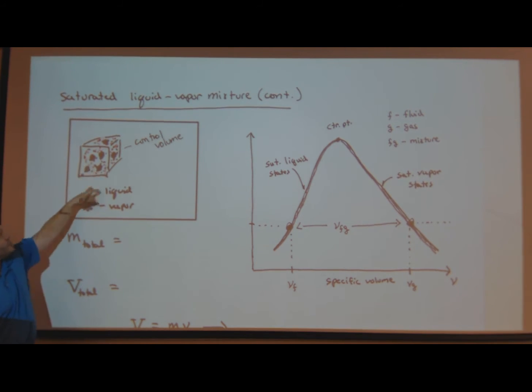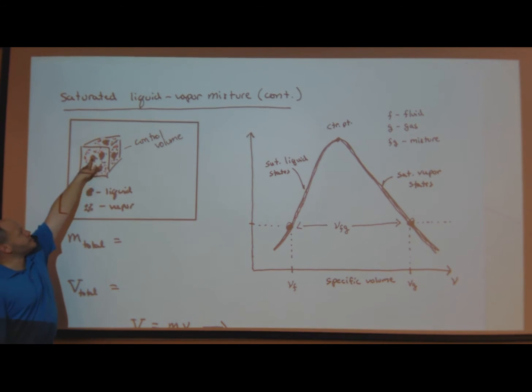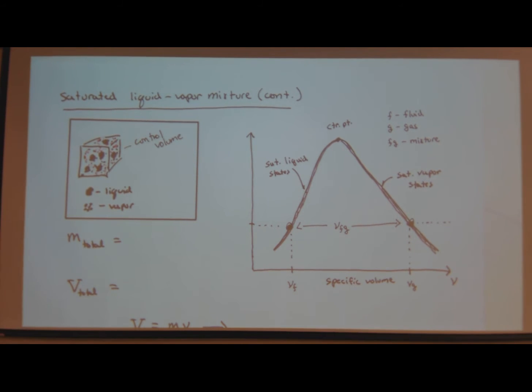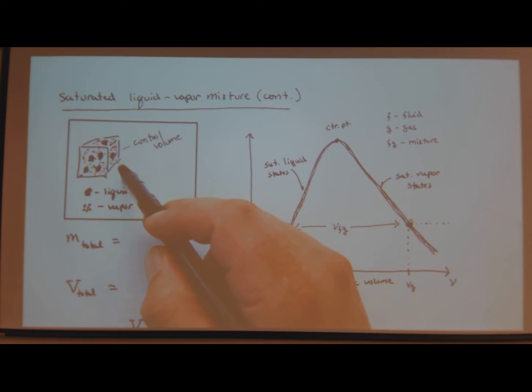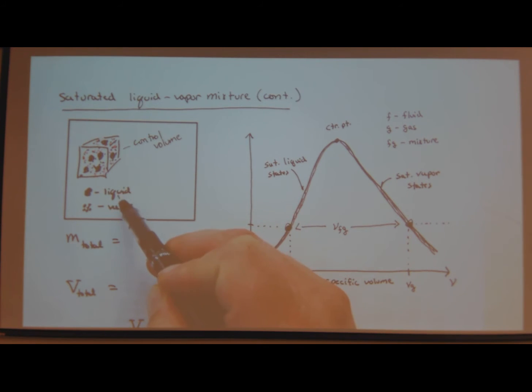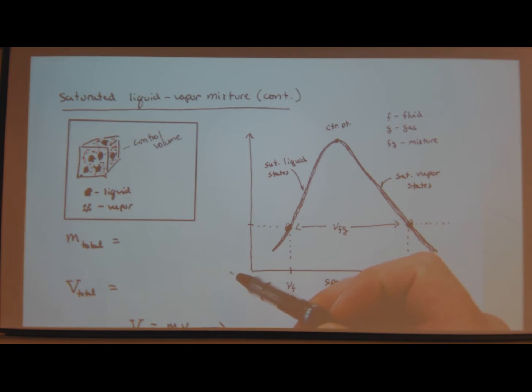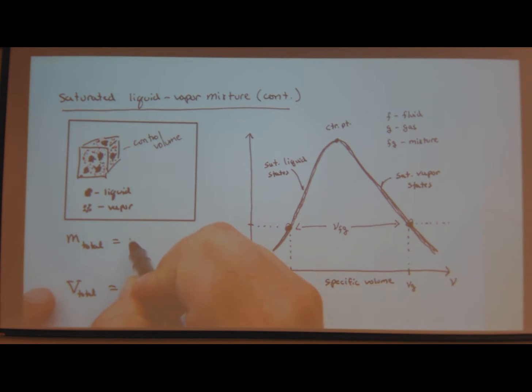I can just do some pictorial thing where this represents liquid. And of course, if I know the densities of both, I can convert, if this is a volume, I could say a control mass too. If I know the density of the liquid phase, then I can calculate the total mass of the liquid. So mass total follows the same as what we had before, but I'll just leave it as m_f plus m_g.